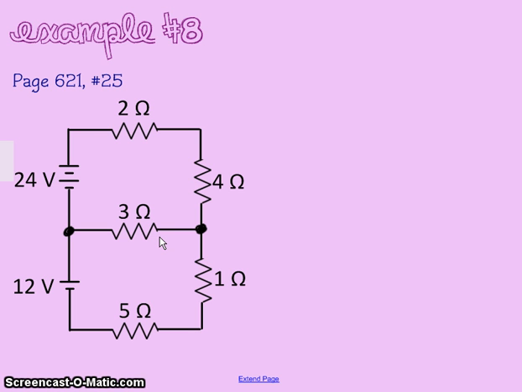So starting off, I'm going to call them I1, I2, and I3, and I'm picking a random direction for each. I'm going to say that I1 goes in this top branch here, and it's going to go upward like that. So I put an arrow there and I write I1. I can even put that on the other side just to remind myself that it's that same current over on the other side. I'm going to say I2 goes through the middle, and that it goes to the right.